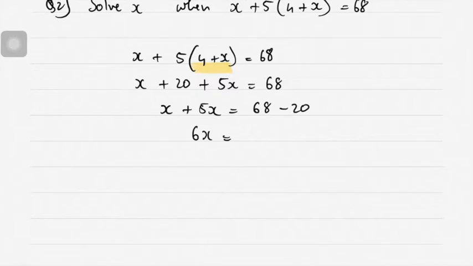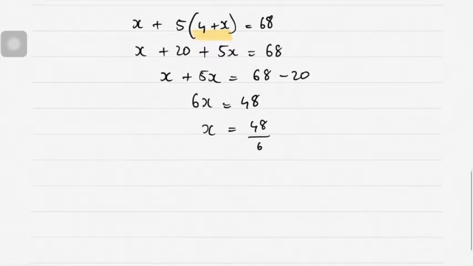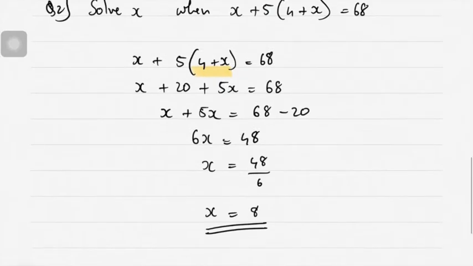So x plus 5x will become 6x. 68 minus 20 is 48, correct? So x will be 48 divided by 6. So when you do 48 divided by 6, the value of x will become 8. So x is equal to 8. Correct?